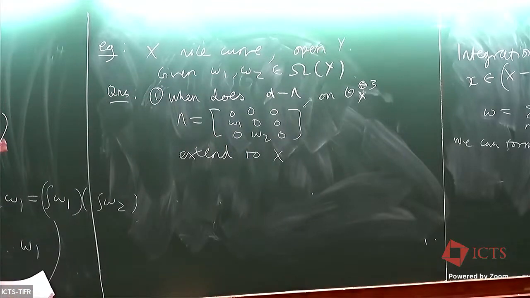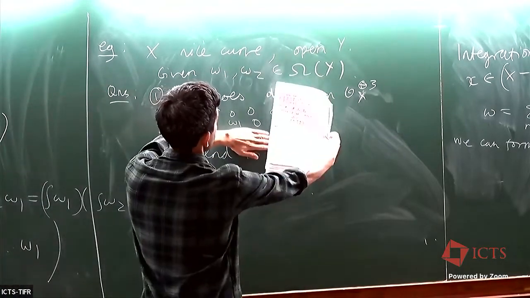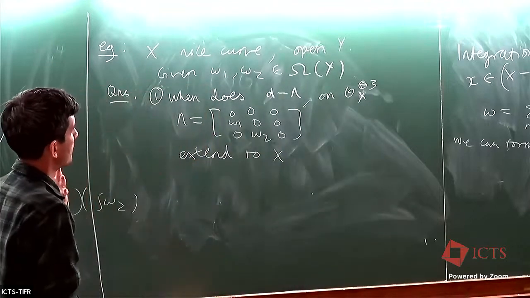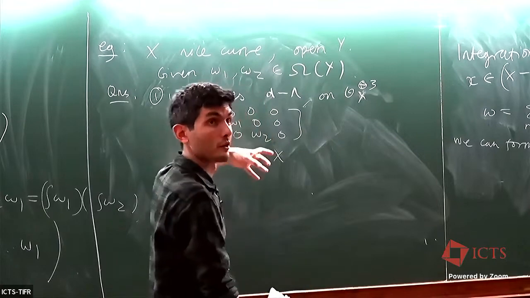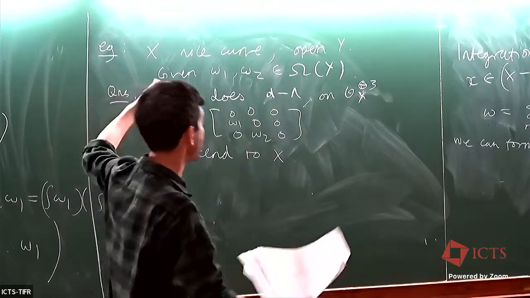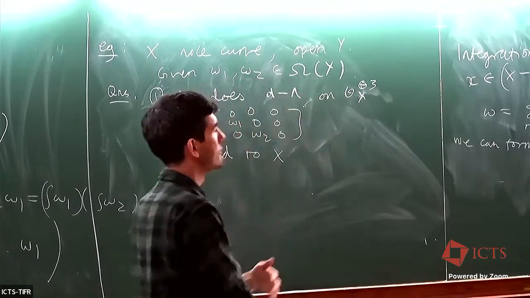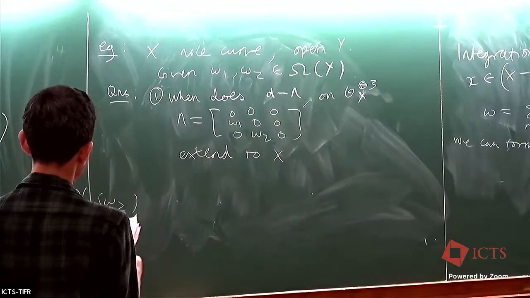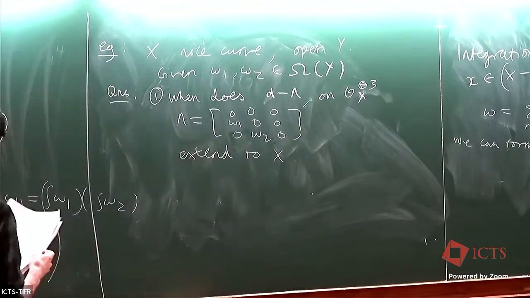If you recall, even in the abelian setting example, when we were able to extend the vector bundle with connection to the whole of X, the vector bundle we got was no longer the trivial vector bundle. We got a non-trivial extension class. So when we say extend it, we're also asking about the existence of a vector bundle.